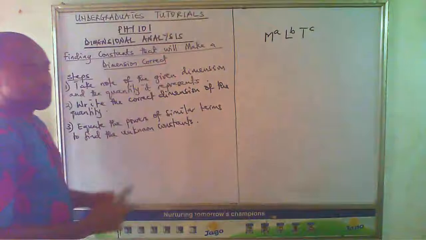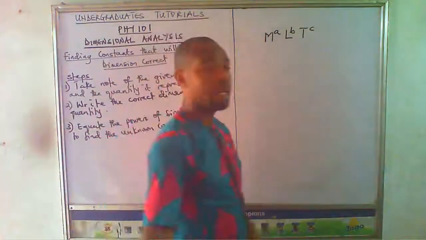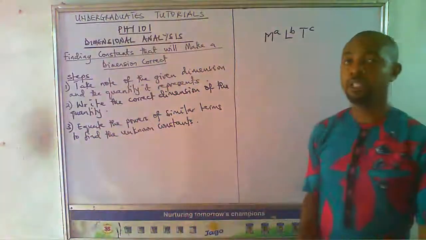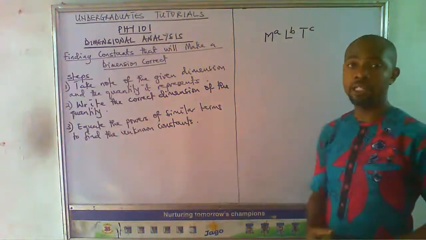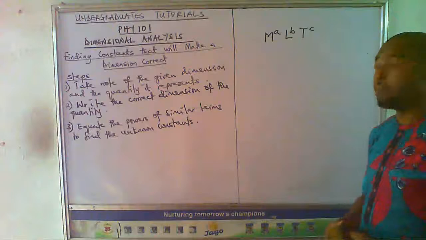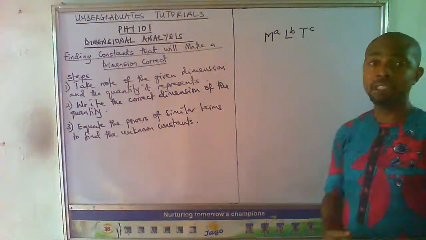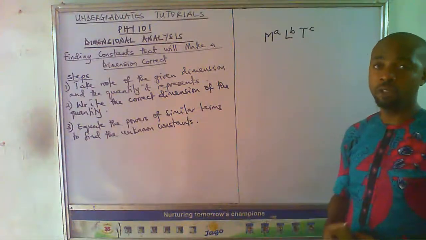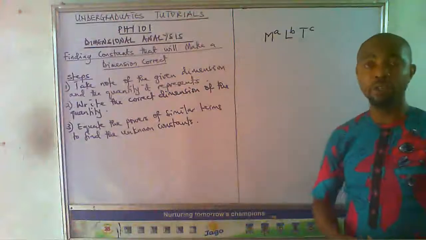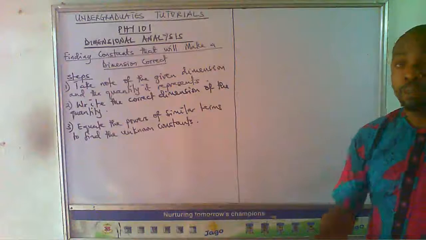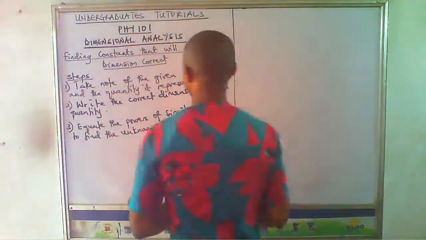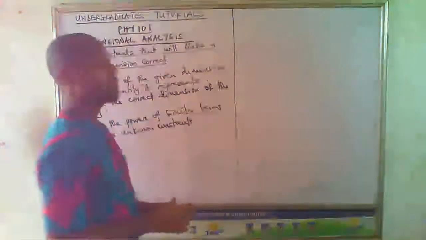So these 3 steps will be enough for us to evaluate expressions like this when we have a dimension in which the constants, that's the powers in the dimensions, are unknown.